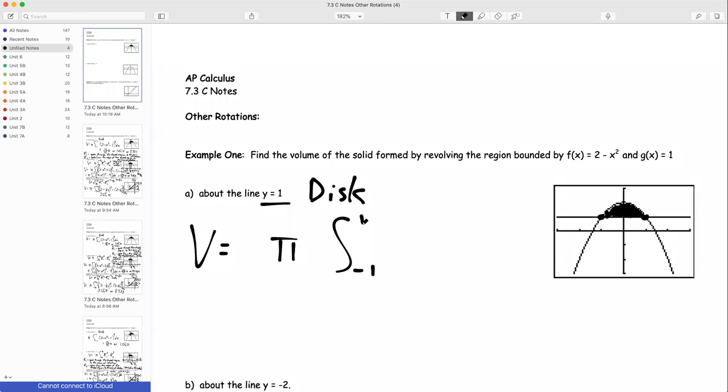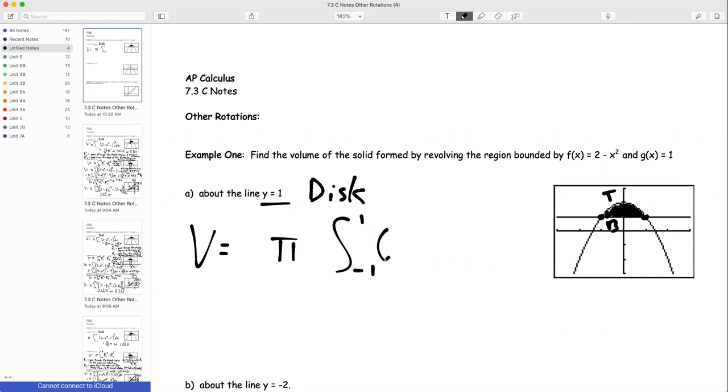And then I'm going to do the top minus the bottom to get the radius. Because if I take this region that is shaded, rotate it about the line y is equal to 1, it will form a bunch of disks. And the radius of that disk would be from the top equation to the bottom equation.